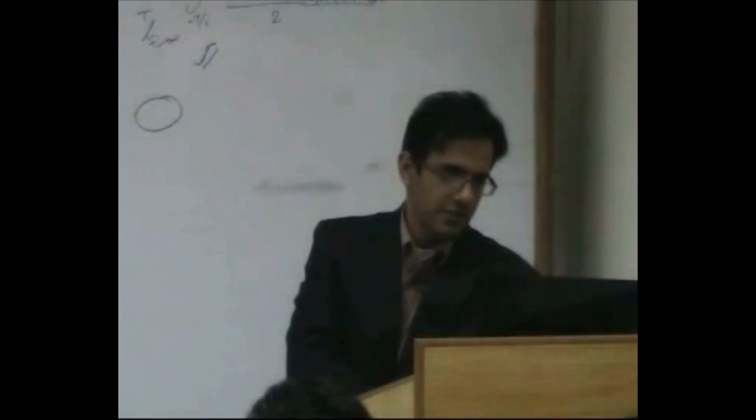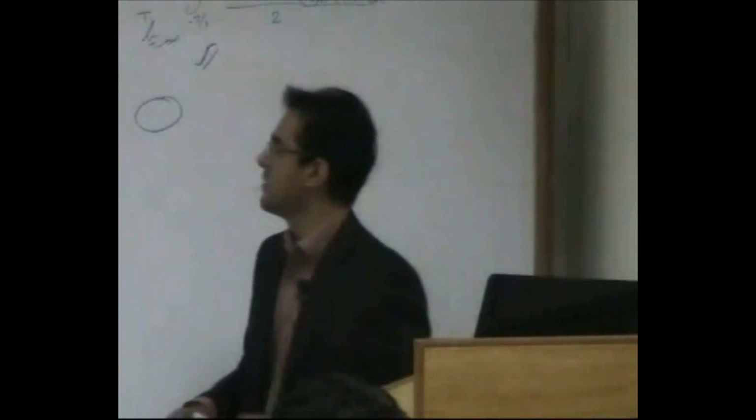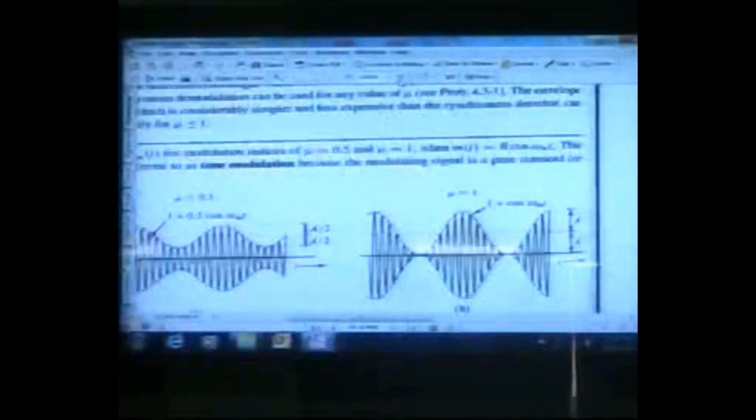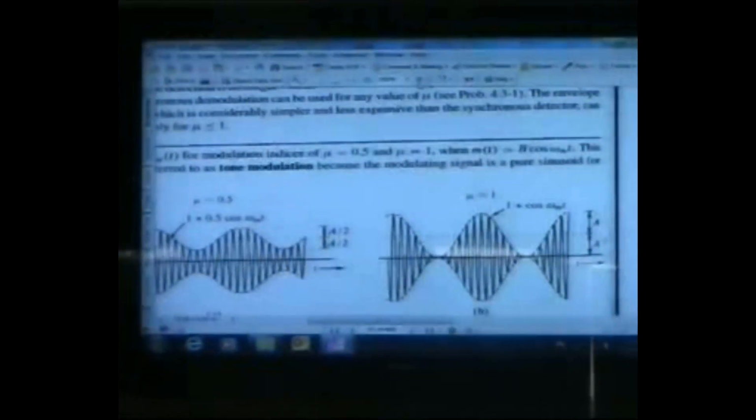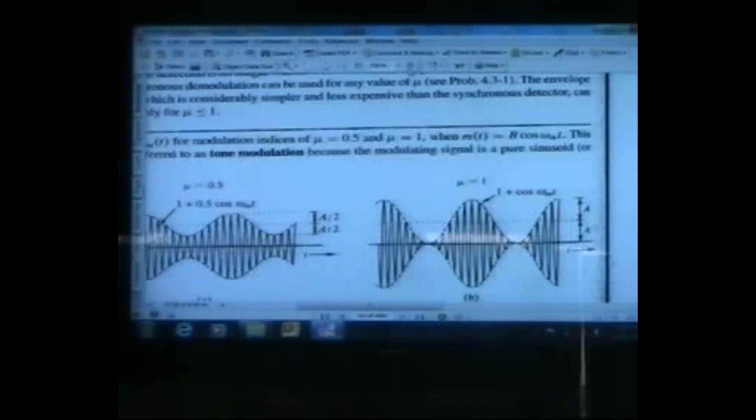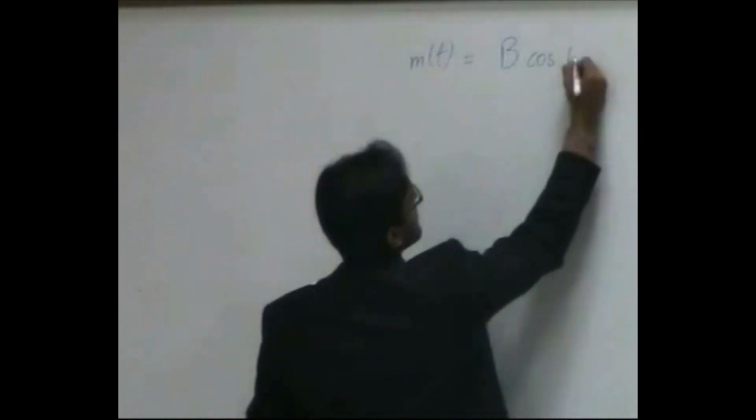A very simple example to prove that this is a power inefficient system. You are given a message signal with some mathematical relationship, something like B cos of omega m t.